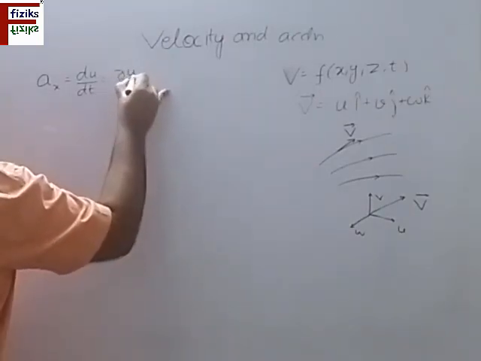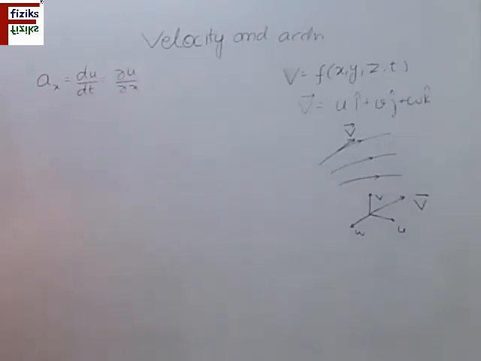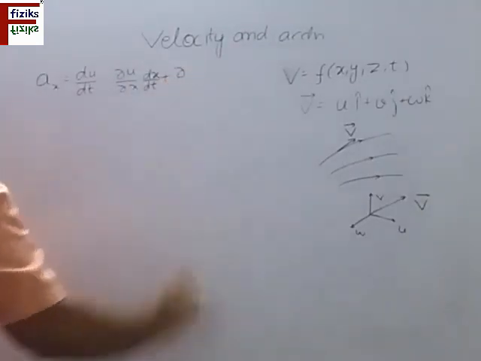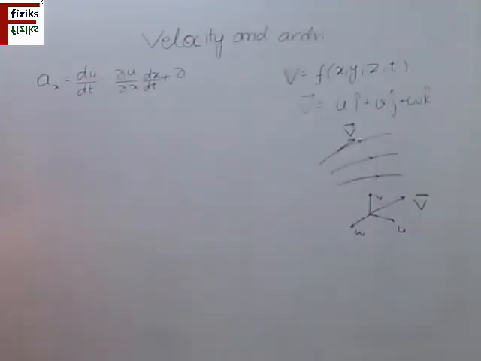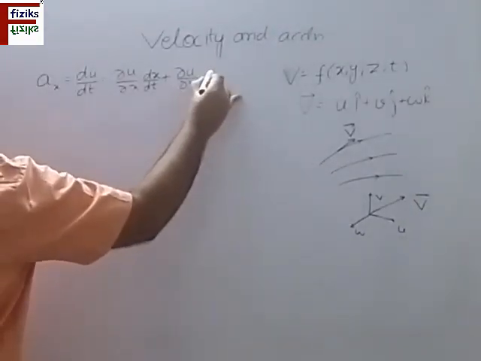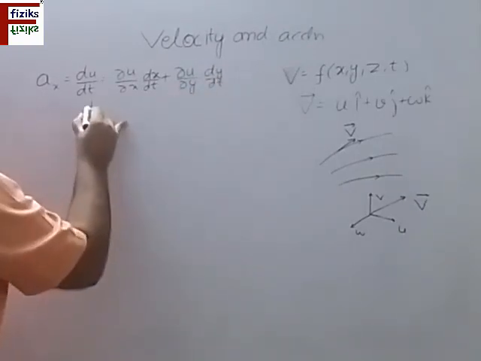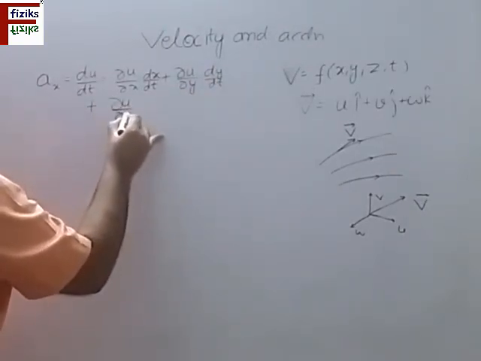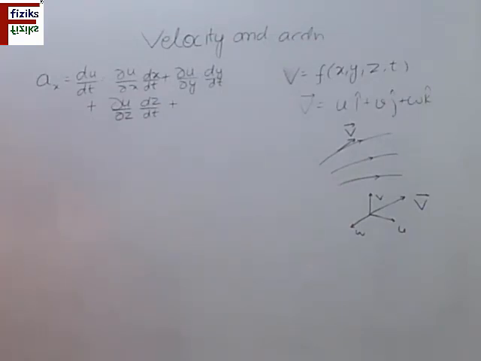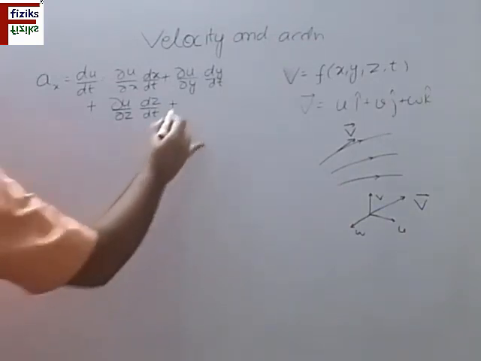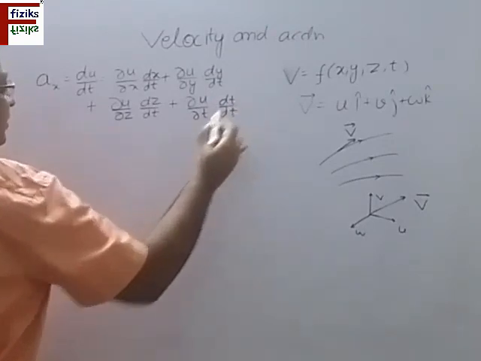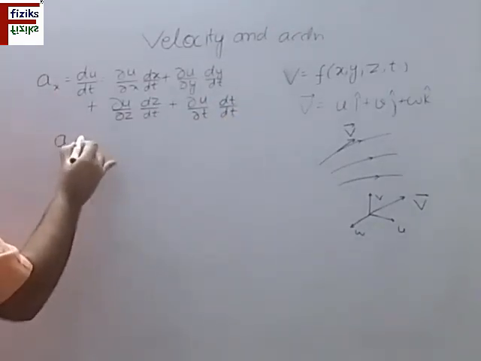So this is del u by del x multiplied by dx by dt plus del u by del y into dy by dt plus del u by del z dz by dt, and the next term, that is with respect to time, I can write this as del u by del t into dt by dt. So this becomes acceleration in x direction.